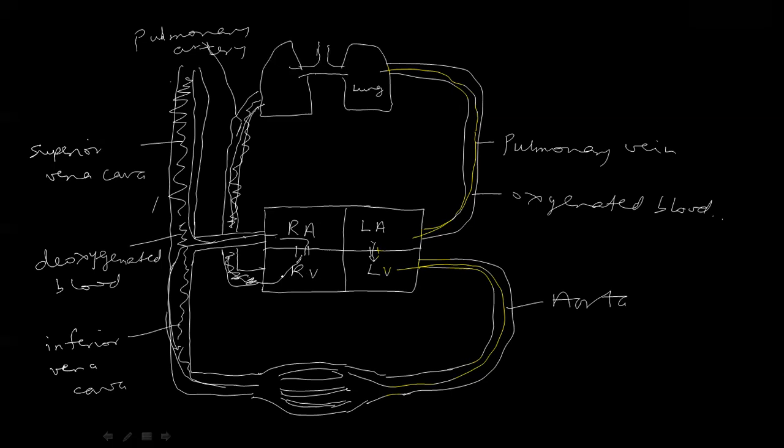The right side of the heart is filled, so the blood coming in cannot be pumped out. So you can have the left side failing and the right side also failing at the same time, or you can have just one section of the heart failing, right? So this is just a quick idea of how you can use this diagram.